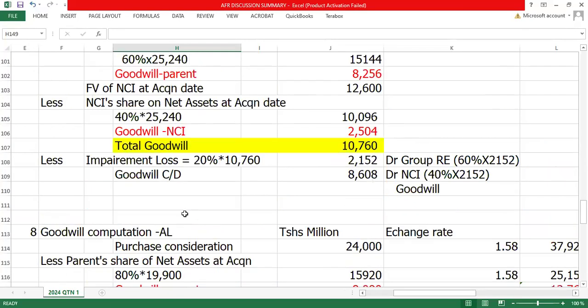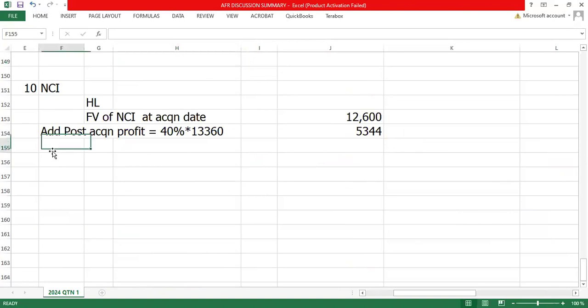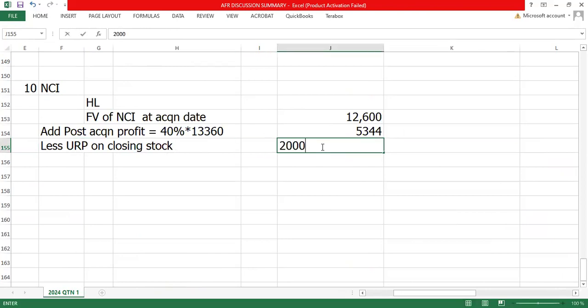So we come here and eliminate. You less the unrealized profit on closing stock. That was what? 20 million. I just write 20. Yes, 20.